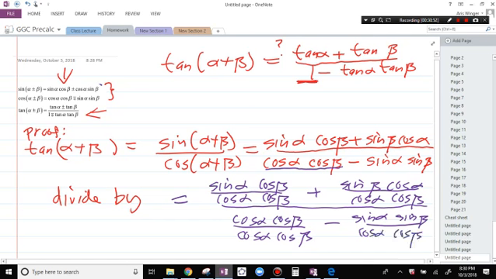So you divide everything by this thing. This turns into 1. What happens here? That's the tangent of alpha, right? This cancels, that turns into the tangent of beta, and this is tangent alpha, tangent beta, right? And that's exactly the formula there.